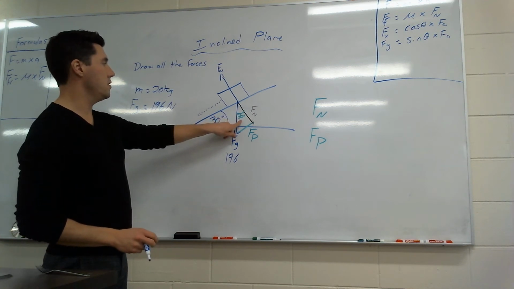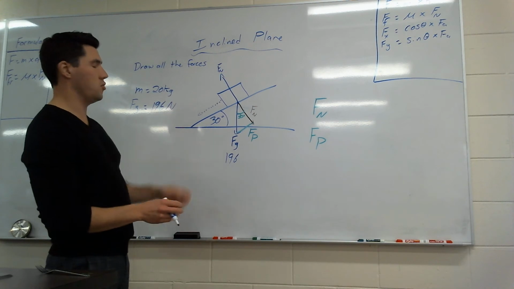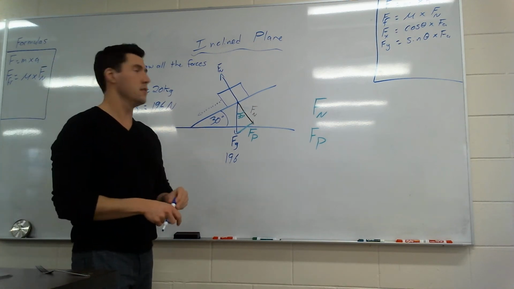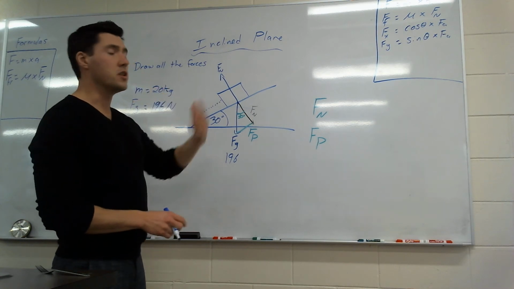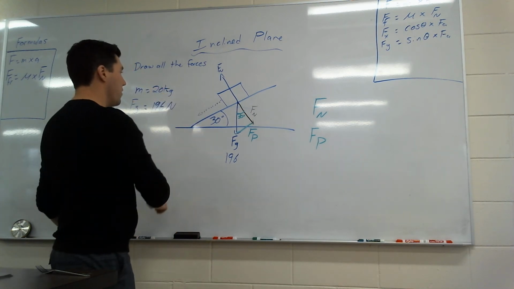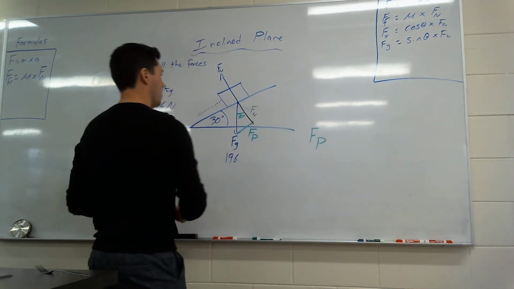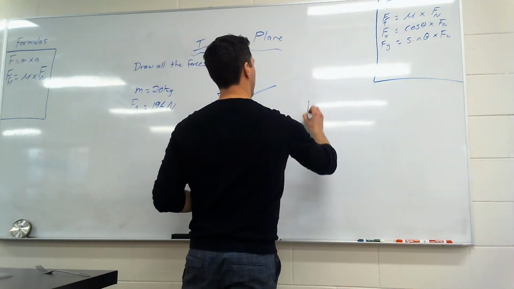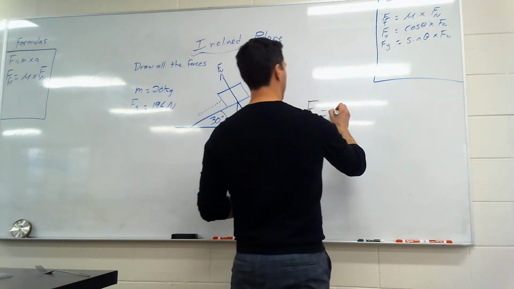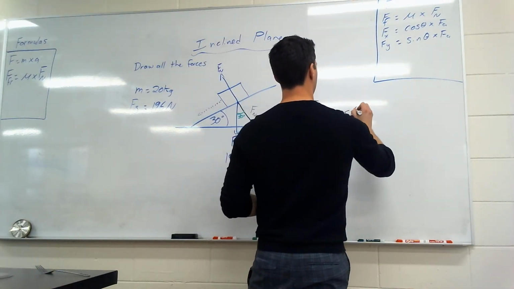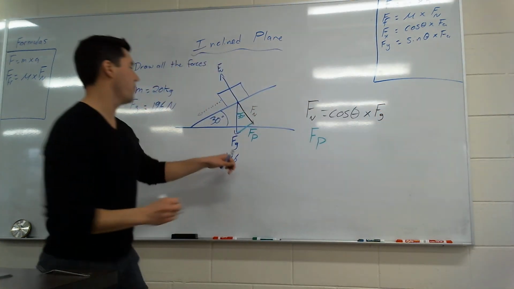I have my degrees. If I want to find force normal, that's our adjacent. Again, I told you how trig never goes away. Force normal is our adjacent side, which means we're going to use cos. So to find force normal, when it's on an inclined plane, it is going to be cos theta times force of gravity, because we're breaking apart force of gravity.